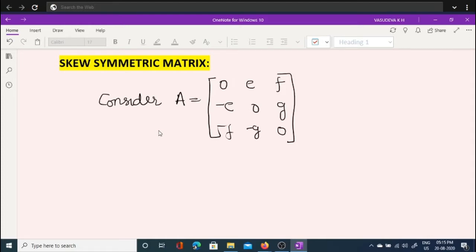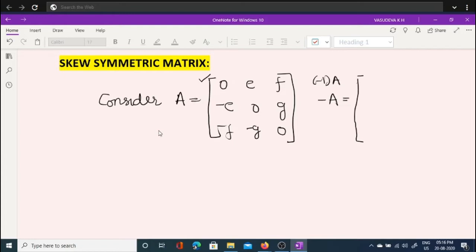Now I will take the negative of this matrix, minus A. Minus A is obtained by scalar multiplication of the matrix by minus 1. This is minus 1 into A. So all the elements of A are multiplied by minus 1.